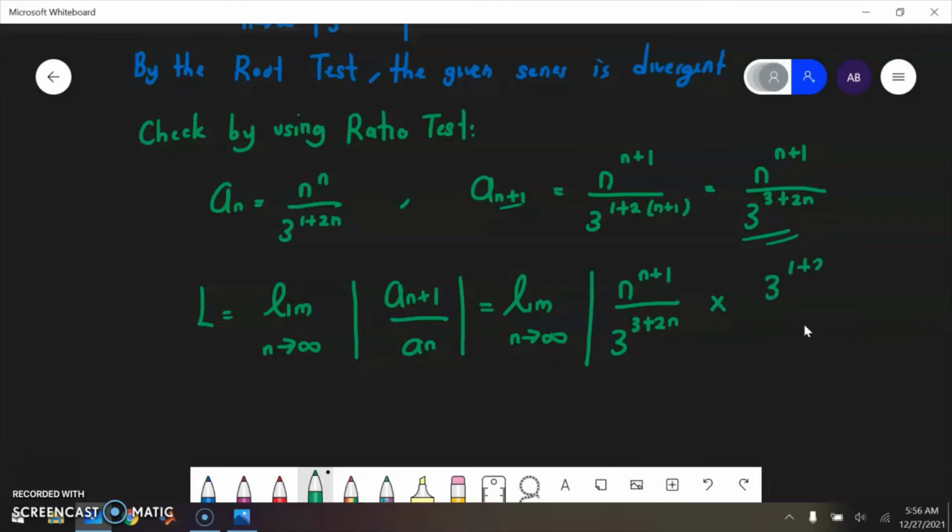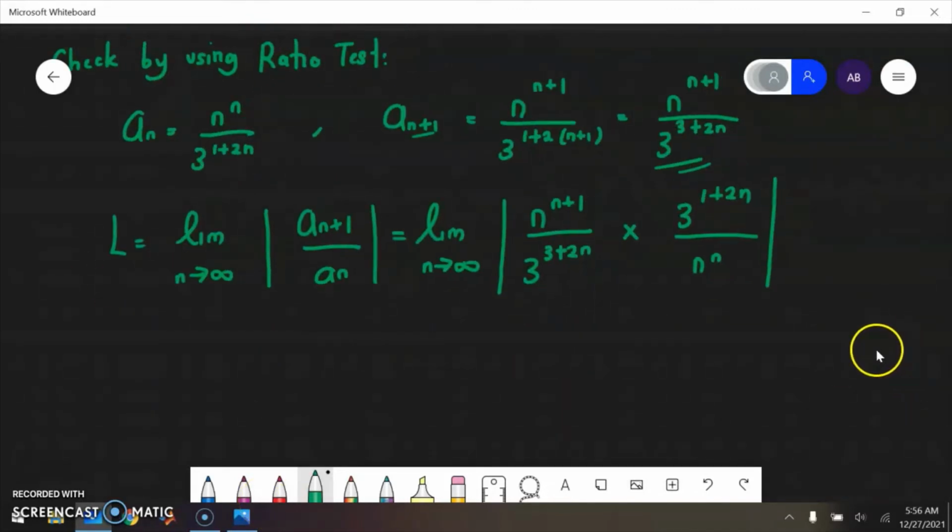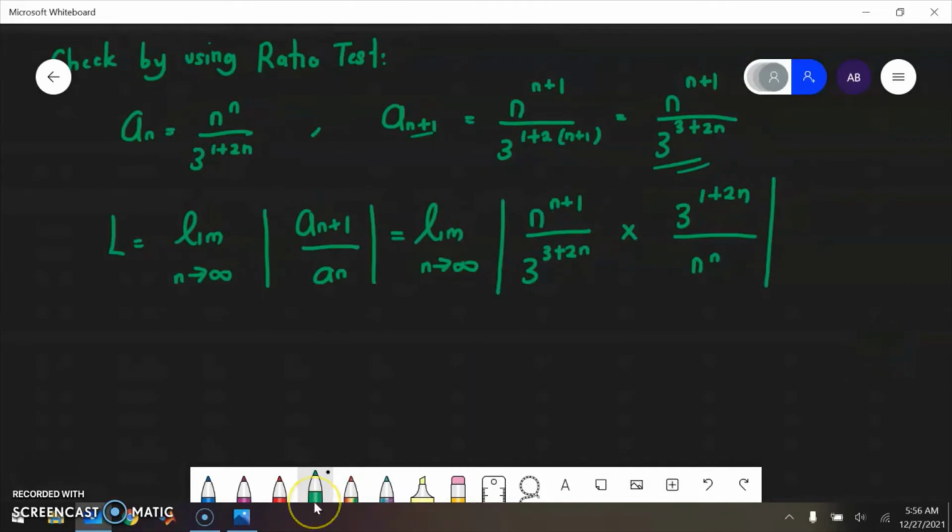So 3 to the power of 1 plus 2n over n to the power of n. So I can see that some of the terms here cancel out. Maybe some of you are struggling with understanding how this term can simplify, so you can always write it out like this, okay?